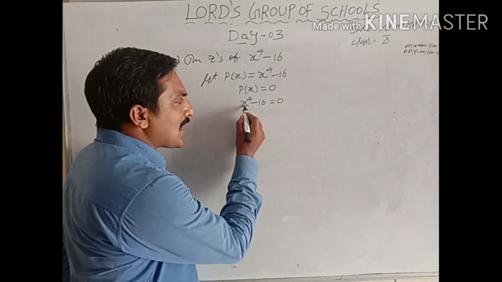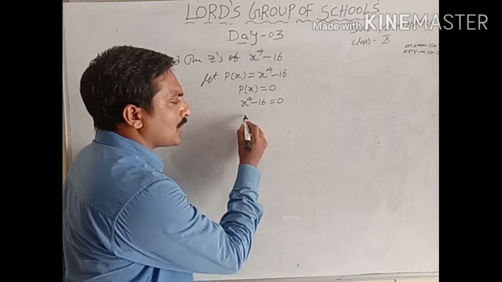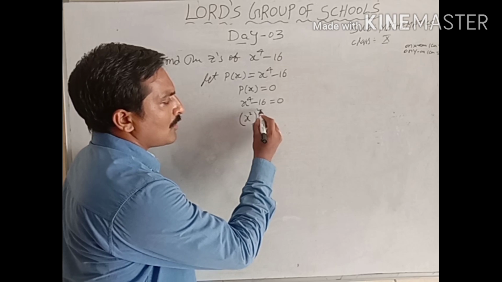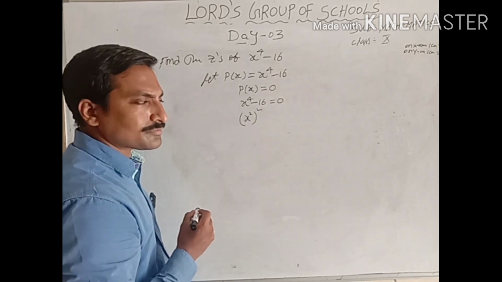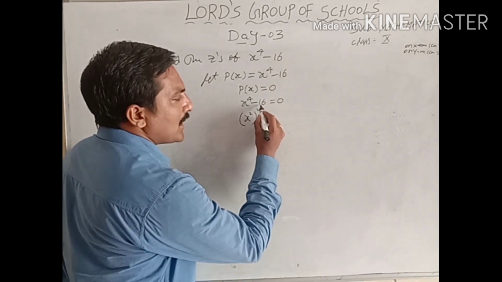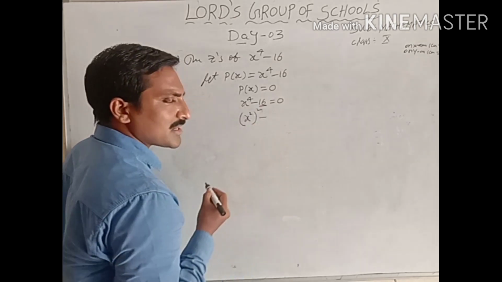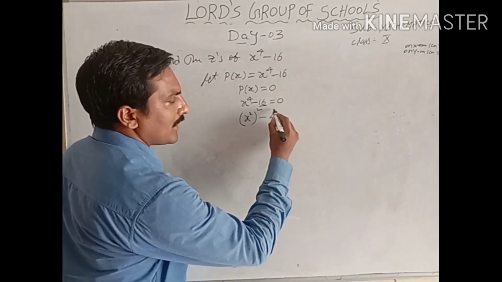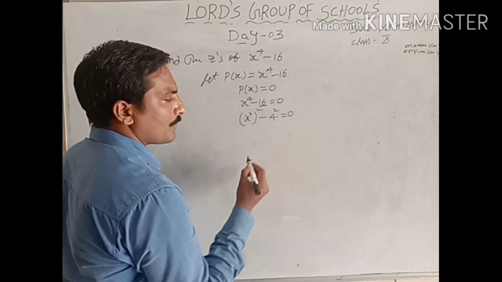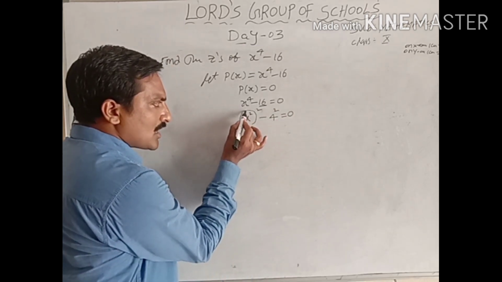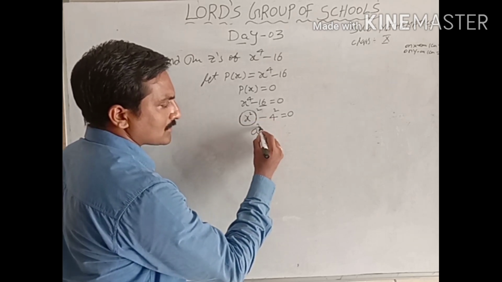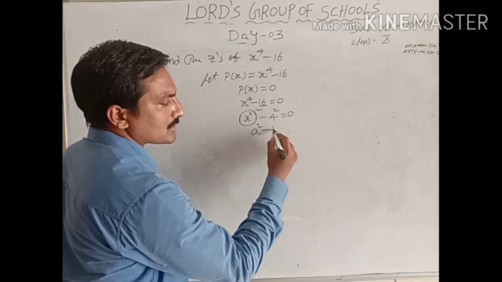Here, x power 4, if possible, you write as x square whole square, since 2 twos are 4. Minus, if possible, the constant number you have to write in a square form, 4 square, is equal to 0. Observe that this total term is in the form a square minus b square.